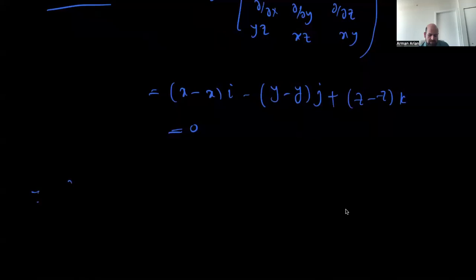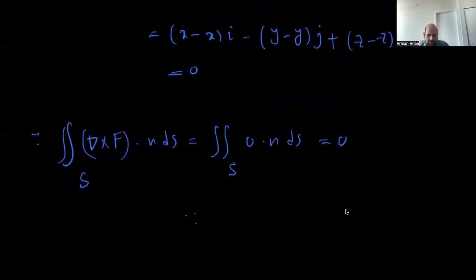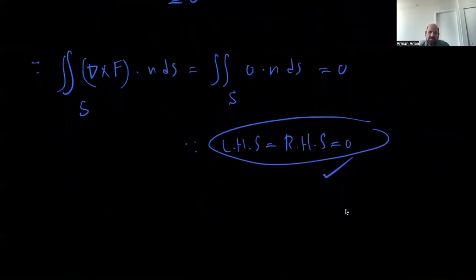So the curl of F is the zero vector. That means the integral of curl F dot n dS on S would be the double integral of 0 dot n dS on S, which is 0. So we showed that the left-hand side and right-hand side are both equal to 0. This is another verification of Stokes theorem.